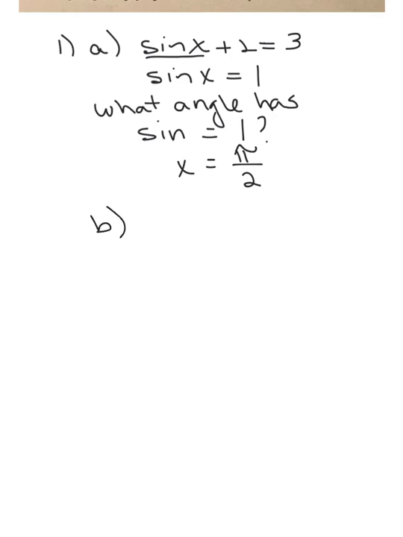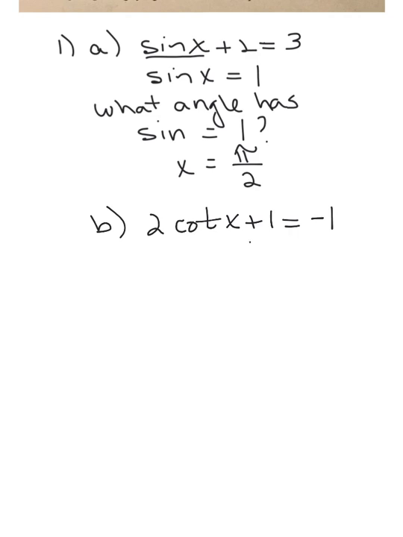Looking at example B, we have 2 times the cotangent of x plus 1 equals negative 1. Again, our function is to the first power, so this is a linear equation. We want to get the function by itself.